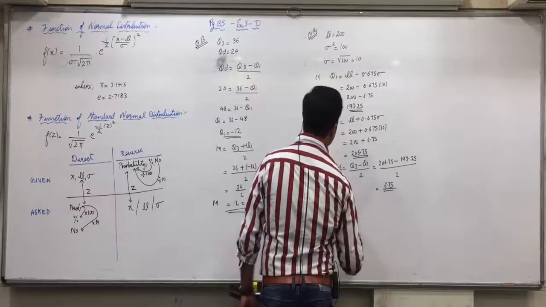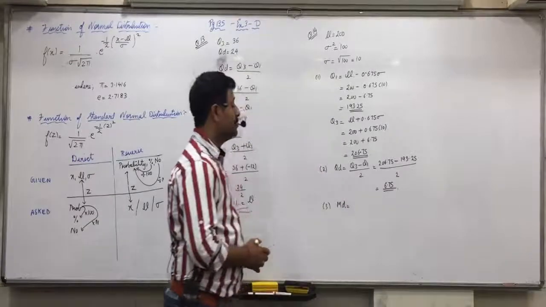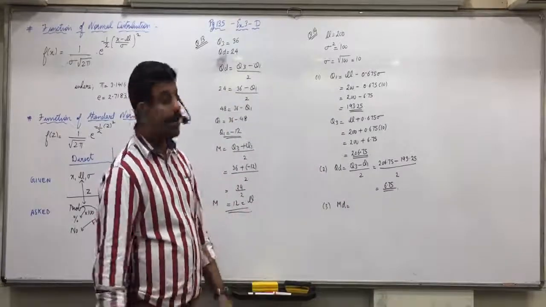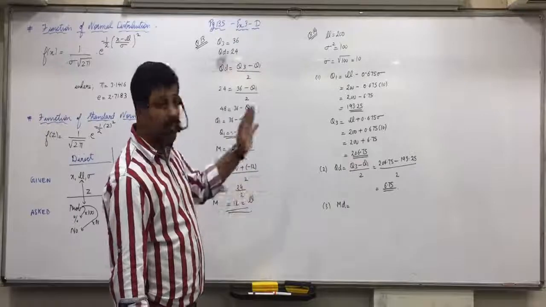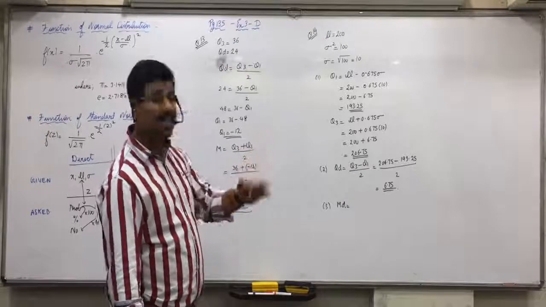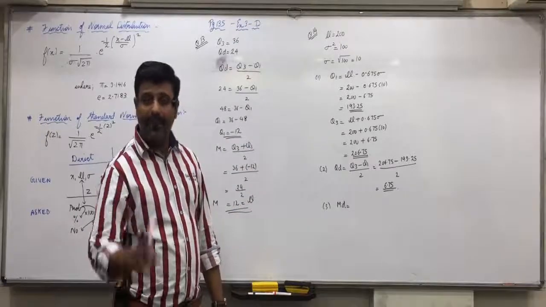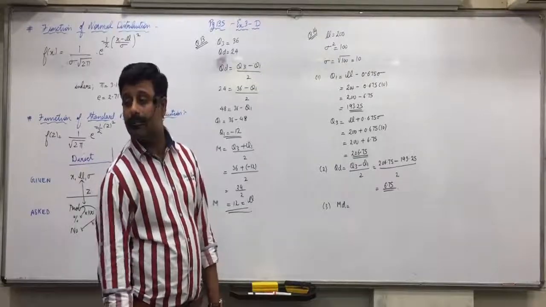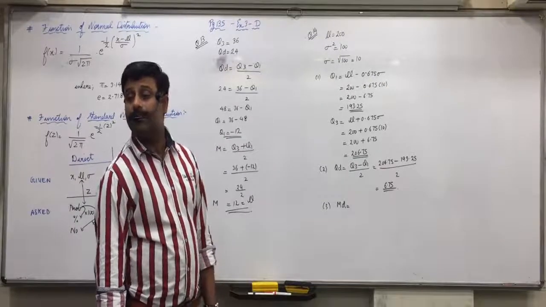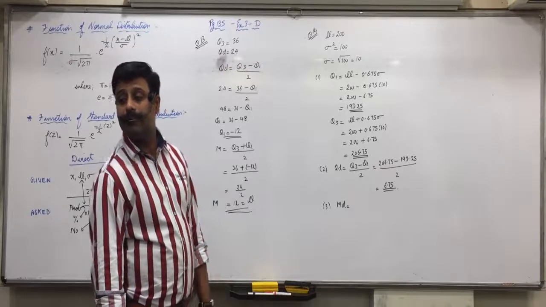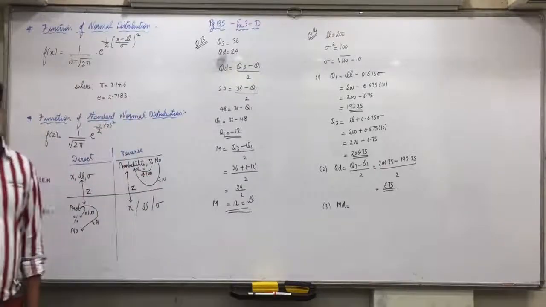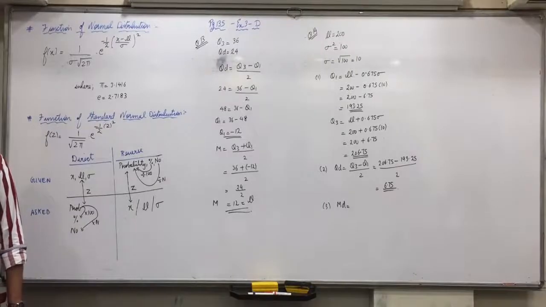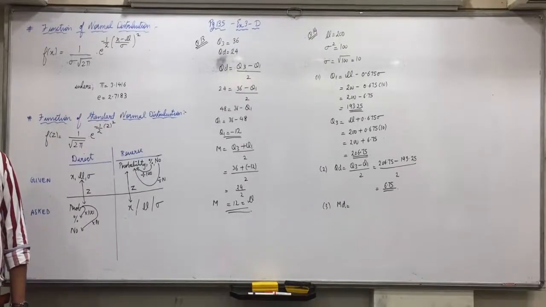Can we use 2 by 3 sigma in QD? 2 by 3 into 10, you'll get 6.66. Yes. Some difference will always come. Any of the formulas can be used. What is given at the back? 6.67. So you can use that.